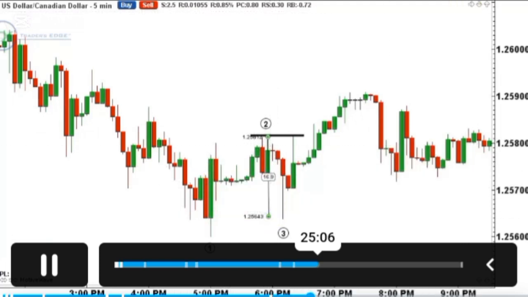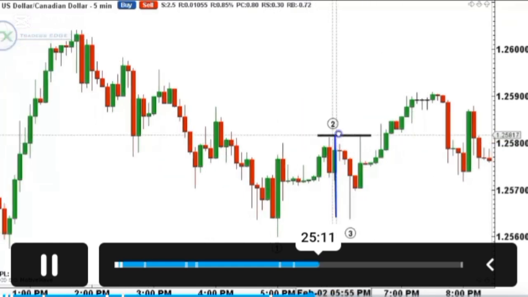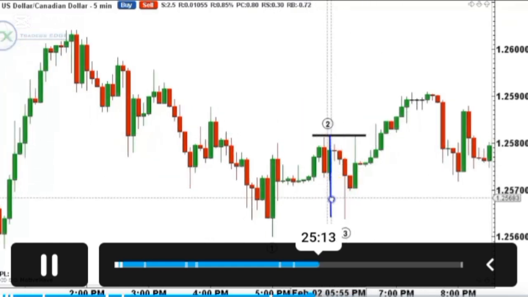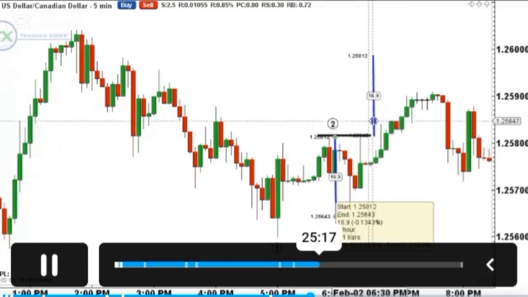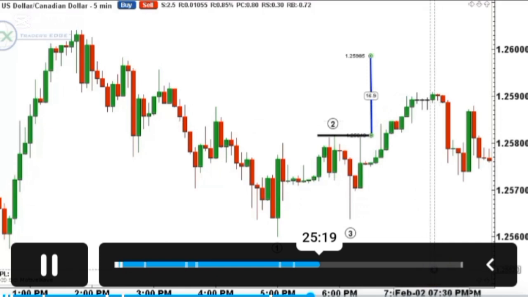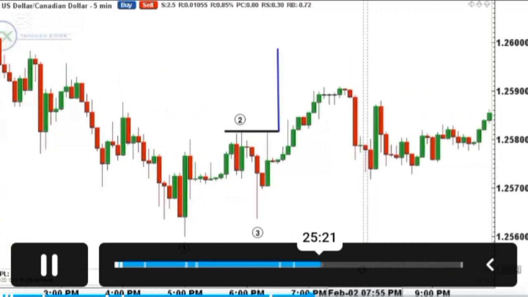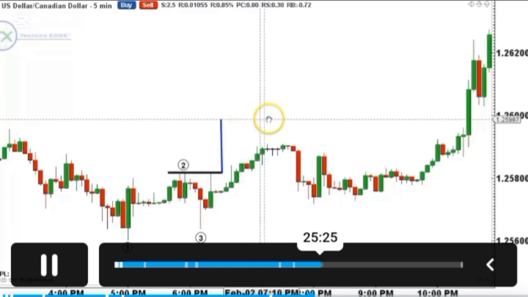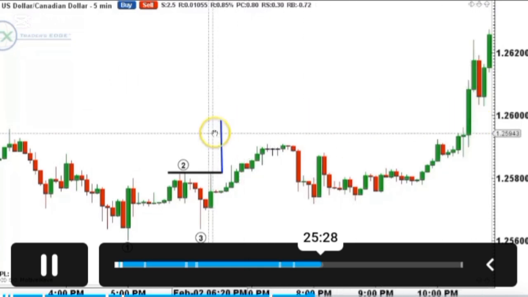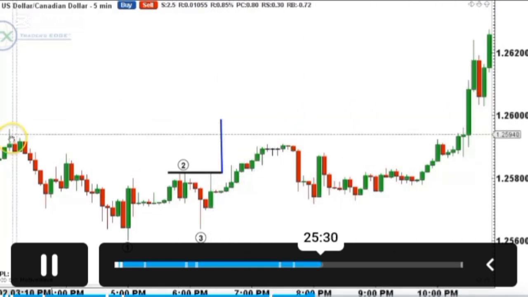And we'll paint this blue and project it on the breakout point. Okay, no. So let's keep going and see what happens here. All right, eventually the target is hit right over here. Okay, so that's an example on the dollar Canada.